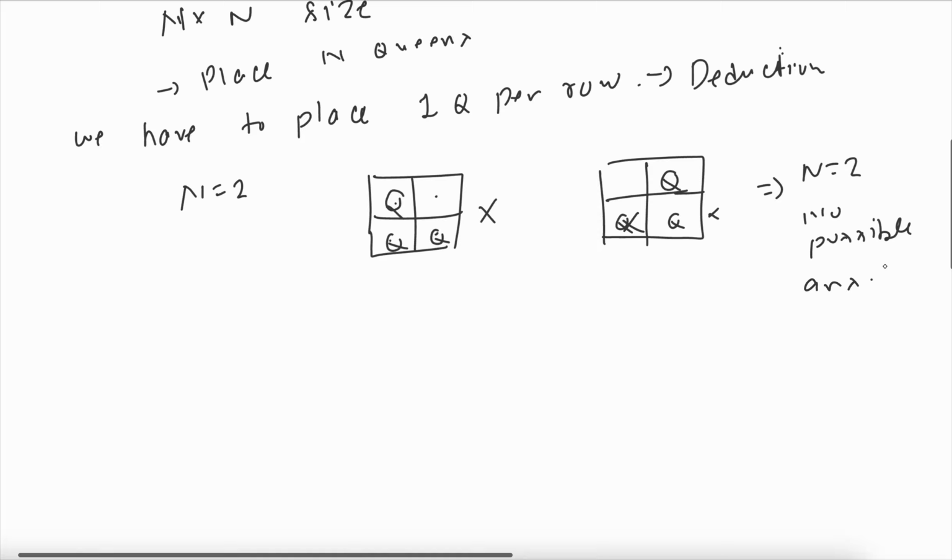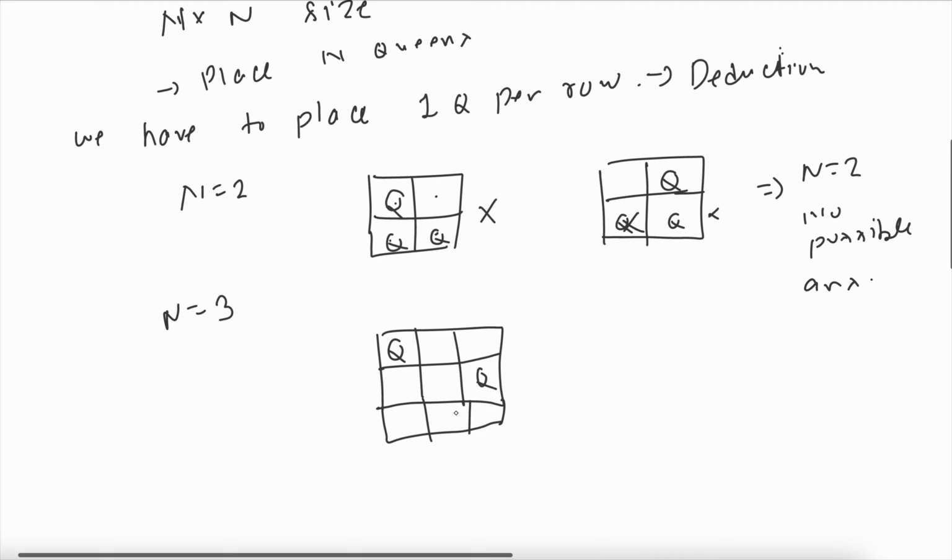Let's say for n equal to 3. Just see what we are doing here. Initially all would be blank. First I will place Q here. Then I can think of the second row.